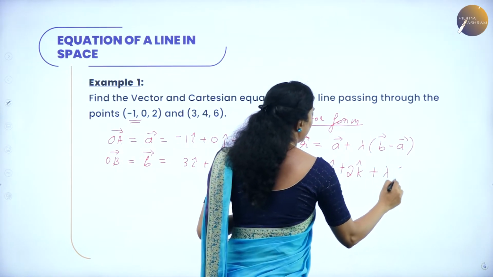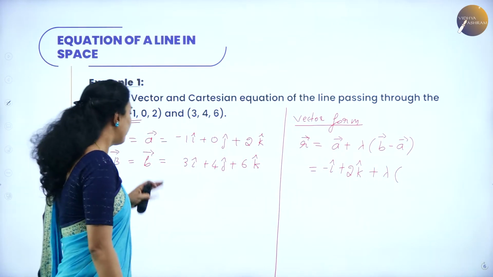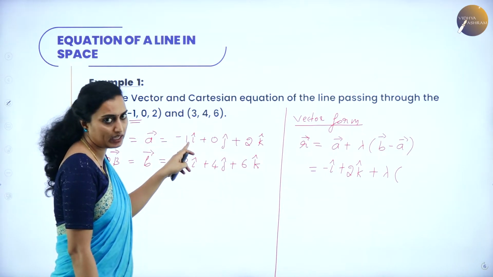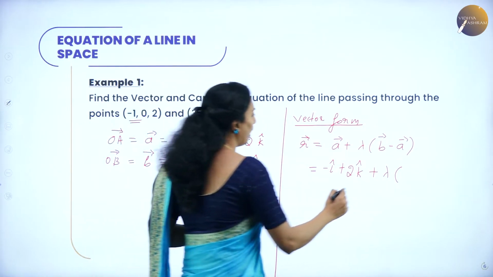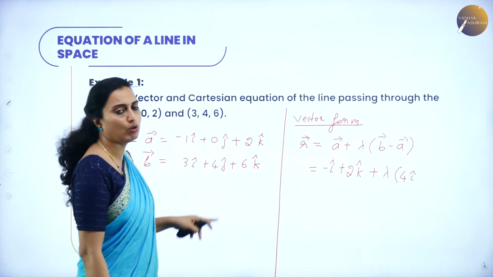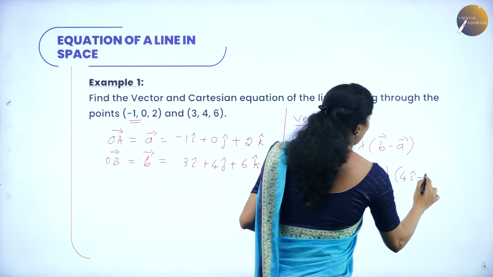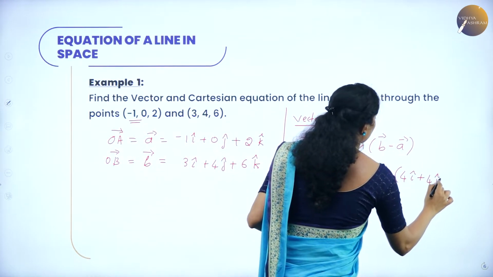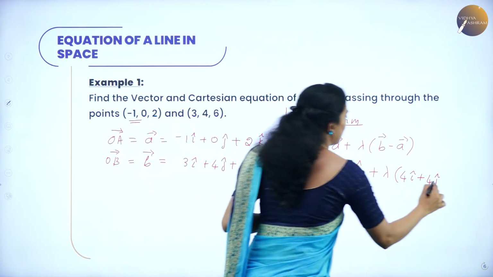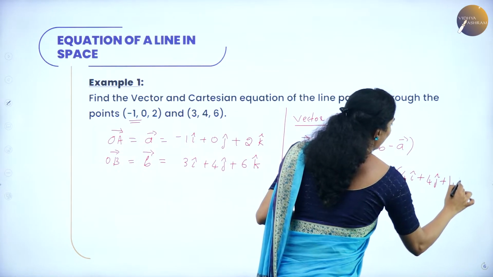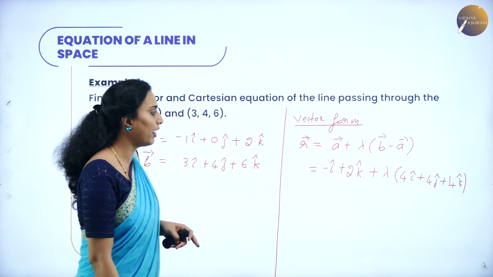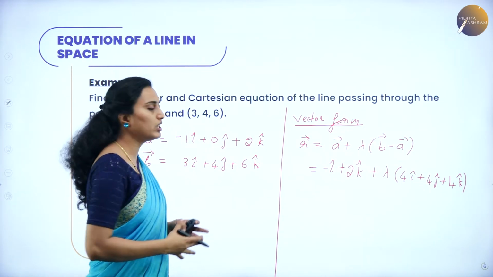Plus lambda into, dears, let us subtract a from b. So 3 minus of minus 1, which is plus, so 3 plus 1 is 4i. Similarly, 4 minus 0 is 4 only, plus 4j, again 6 minus 2 which is 4, plus 4k. So this is lambda into (4i plus 4j plus 4k). Now what is the r vector?